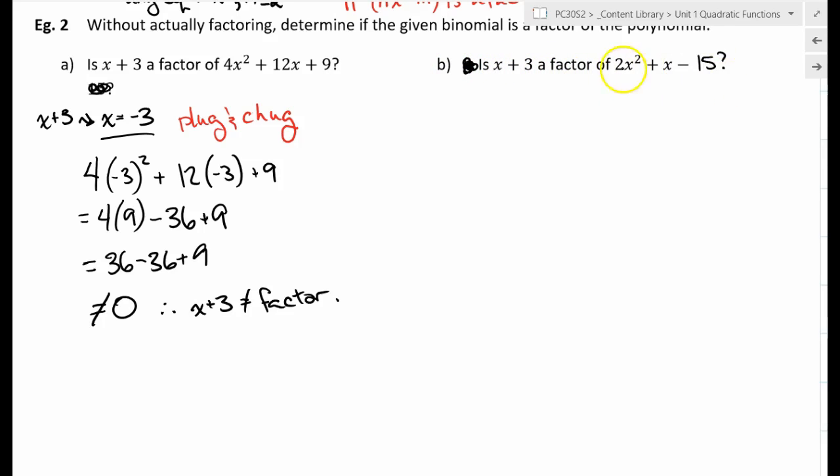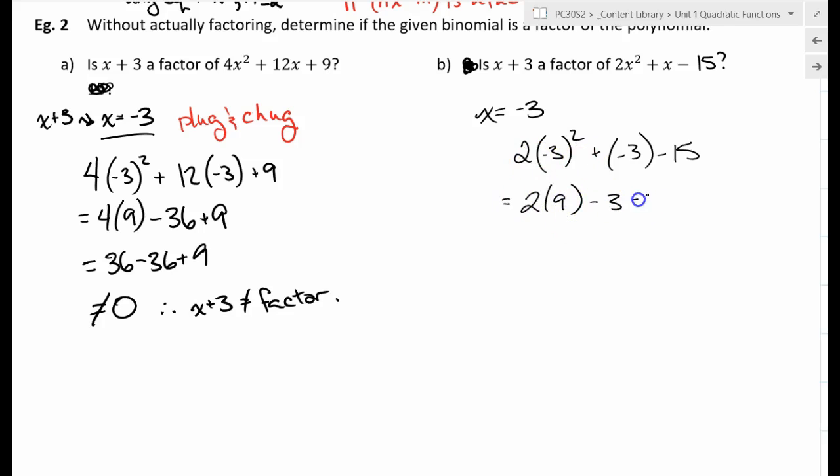is it a factor of this different quadratic expression? Well, we're going to be plugging in the same value. x is -3. Okay. So we're going to look and say, okay, well, 2 times (-3) squared plus (-3) minus 15. Well, that is the same as 2 times 9 minus 3 minus 15, which is 18 minus 18. So that does, in fact, equal 0.